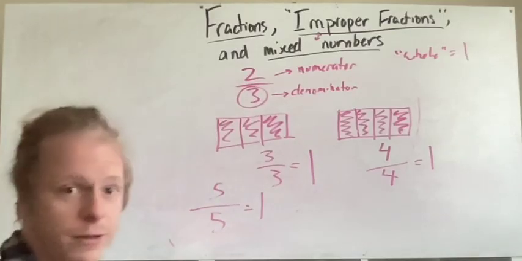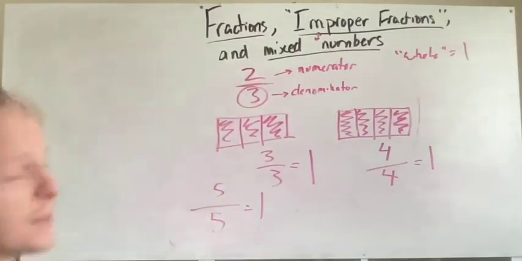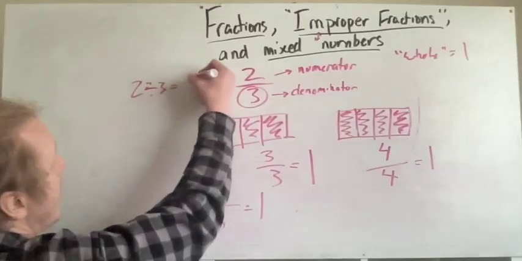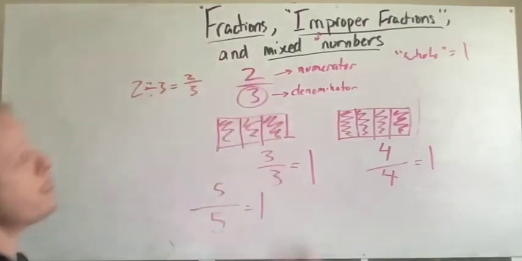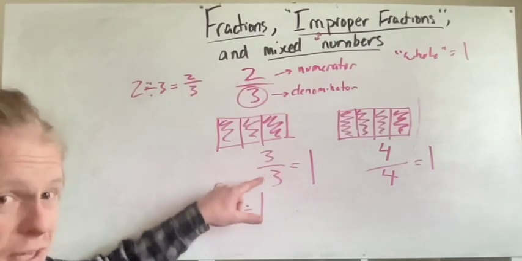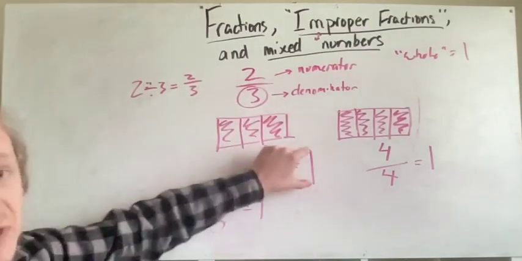Now, the thing that we've gone over thus far that fractions have the most in common with is division. You can actually think of this fraction bar as division. 2 divided by 3 is equal to 2/3. And that can help us to have another understanding of why 3/3 is equal to 1.